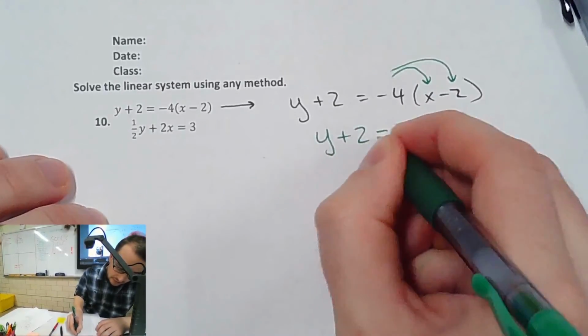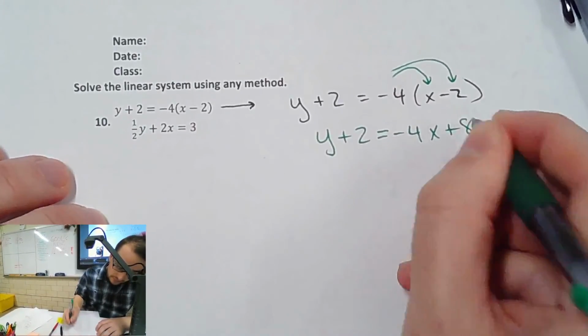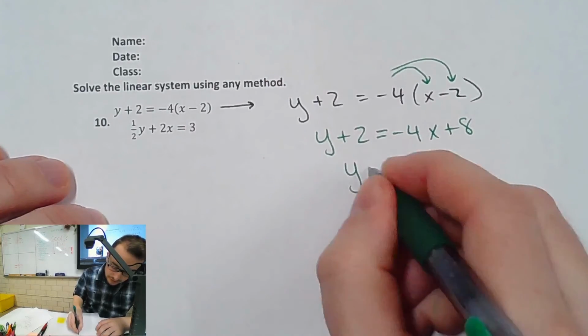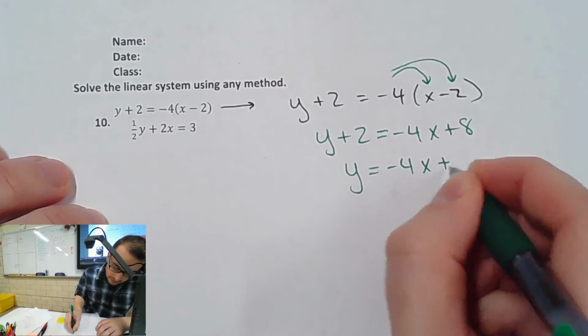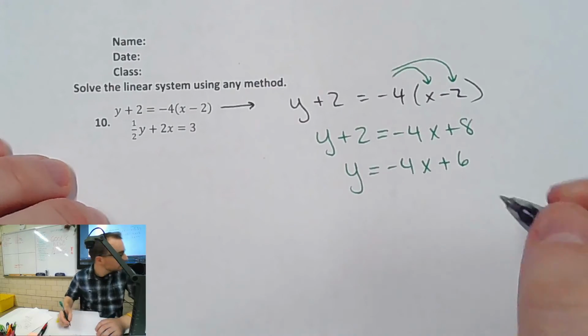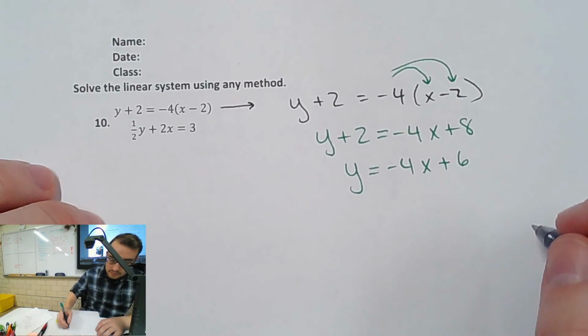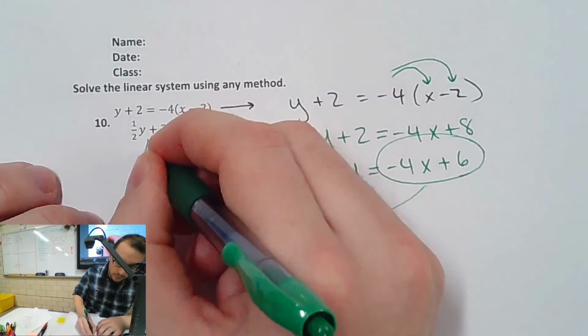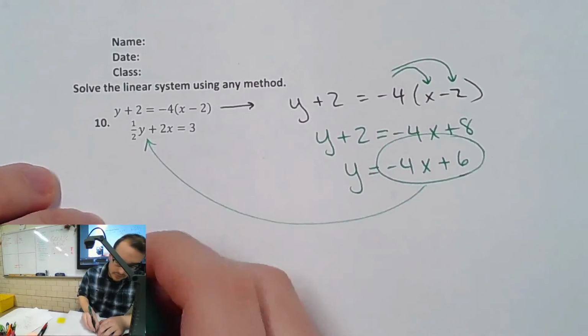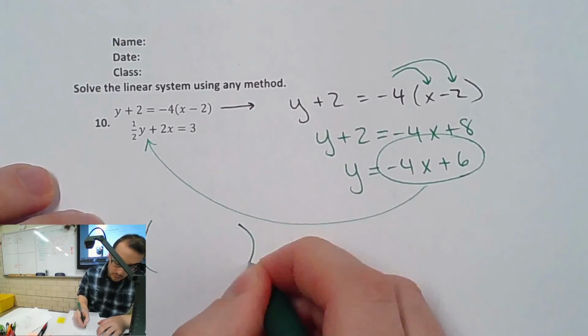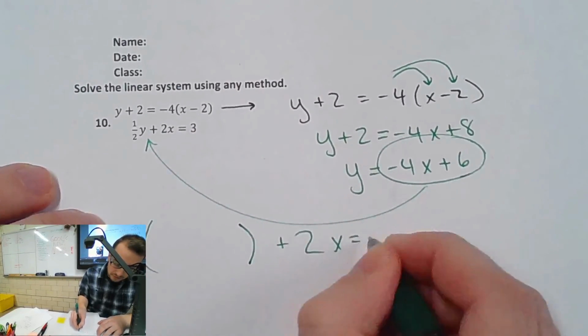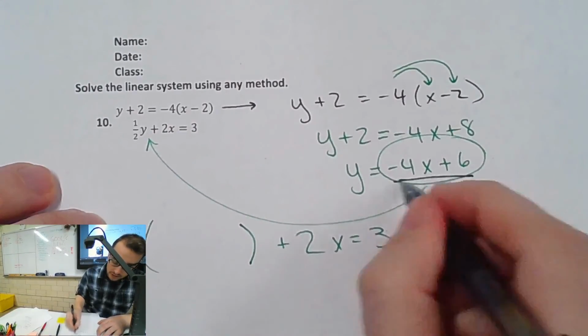So I get this. Then I'm going to subtract the 2. And now I'm here. I'm going to take that and plug it in for y. Half times whatever y is, plus 2x equals 3. This is what I'm plugging in.